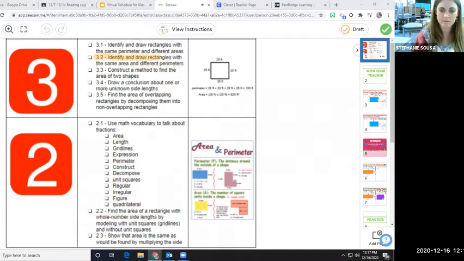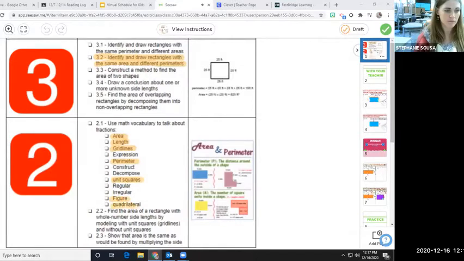Identify and draw rectangles with the same area and different perimeters. You also will be using math vocabulary to talk about this area. The area, the length, grid lines, perimeter, unit squares, and figure.